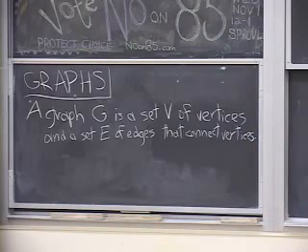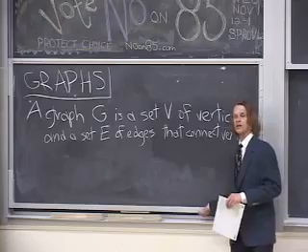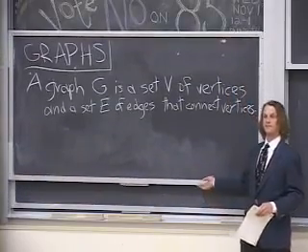And the edges are sometimes called arcs. So these are like the edges in a tree. And in fact, a tree is a particular, well, an unrooted tree is a particular kind of graph.